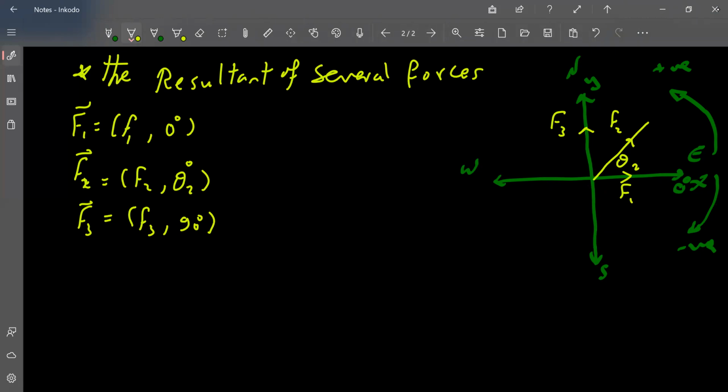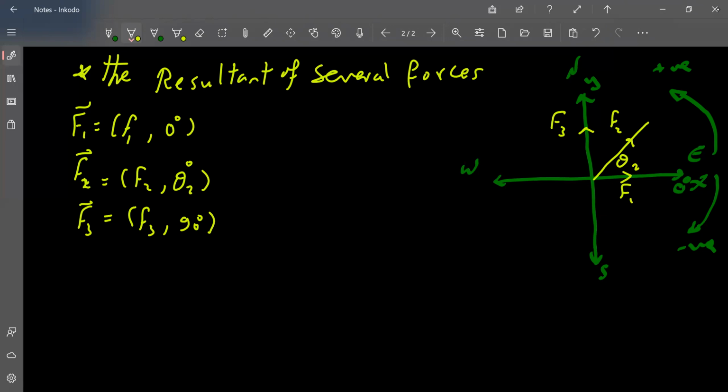Now we have 3 forces, which are more than 2 forces, so they are several forces. If there are more than 2 forces, we deal with them with the same steps.